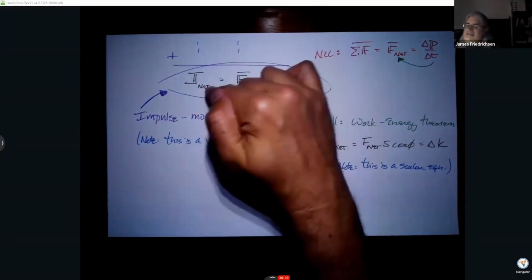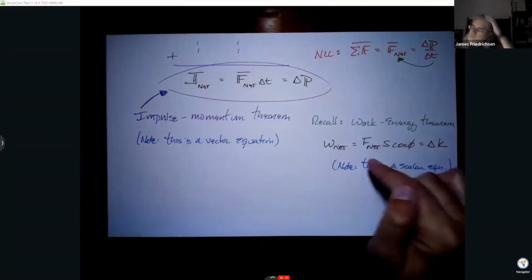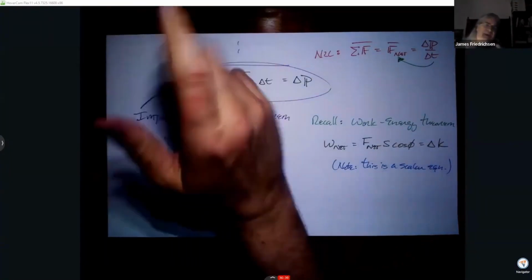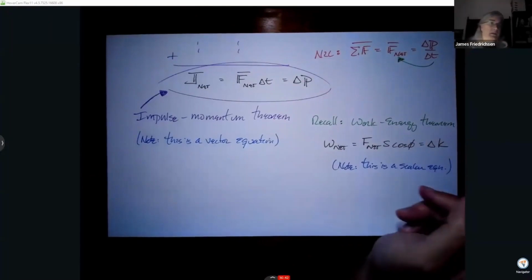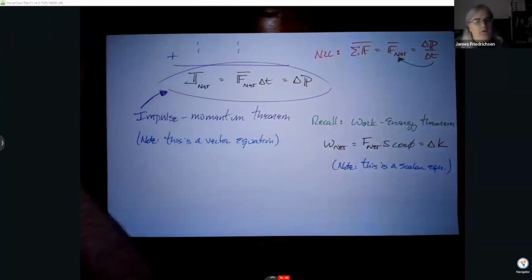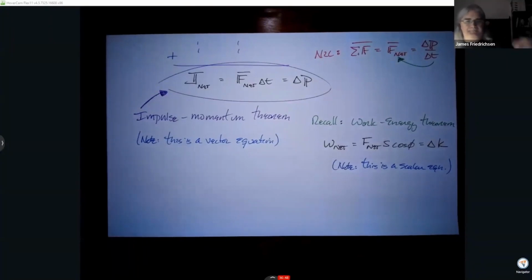So finding this net impulse is a bit more difficult than finding the net work, because you have to add these by components, whereas these were just signed numbers. So, trade-offs, one way versus the other. Okay.